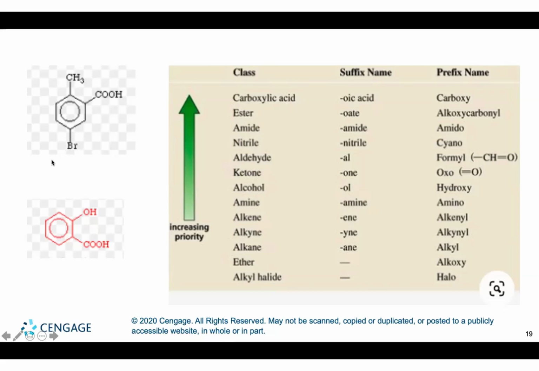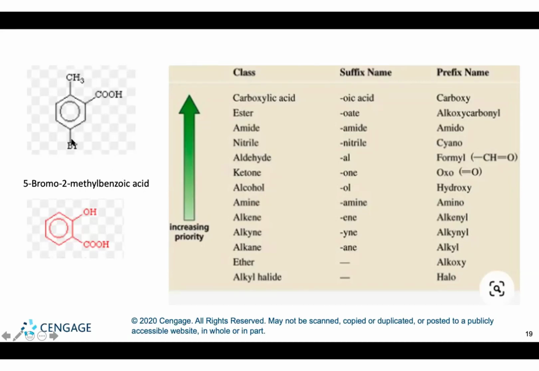When we write it down, these bromo and methyl groups are going to be as branches. So first we're gonna talk about them in the beginning of the naming. So it's going to be 5-bromo-2-methyl benzoic acid.